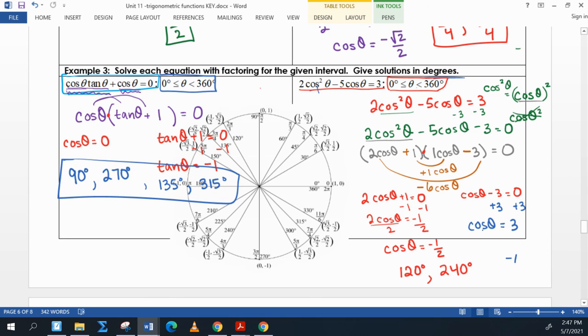In this case, you can never have a cosine, or sine for that matter, that's greater than 1, because the cosine is the adjacent over the hypotenuse. If you divide by the biggest side, the hypotenuse, you're always going to get a number smaller than 1. So we're just going to cross that out, say that's extraneous, and use those 2 answers as our answers. And that's it. Happy homeworking.